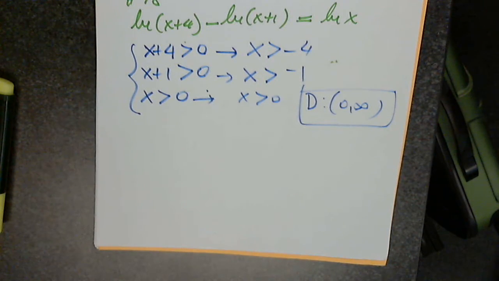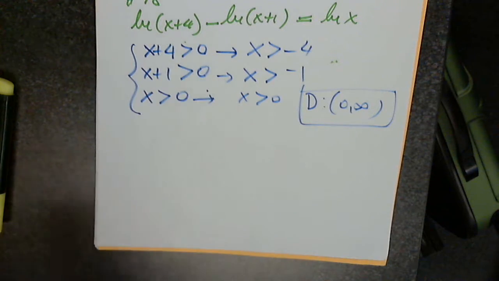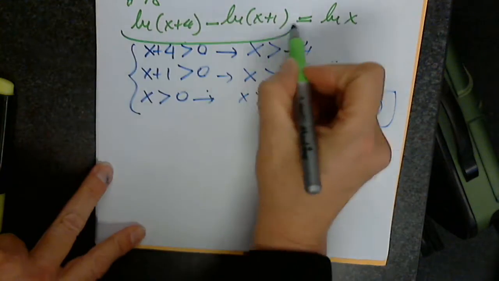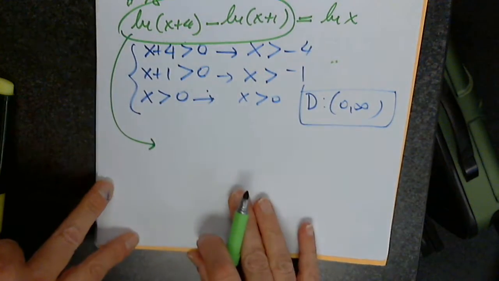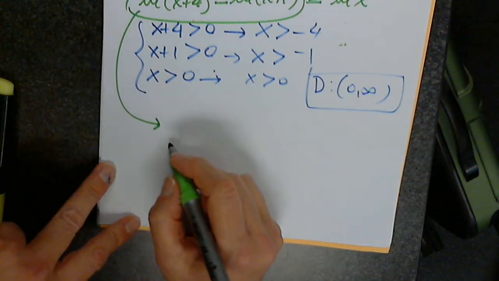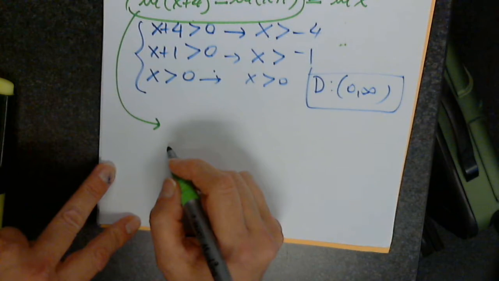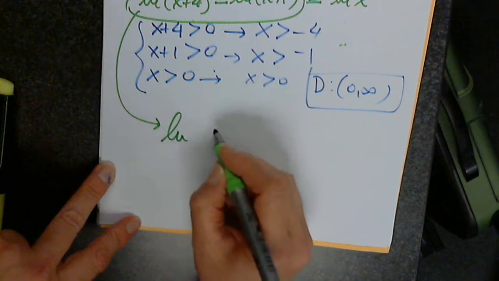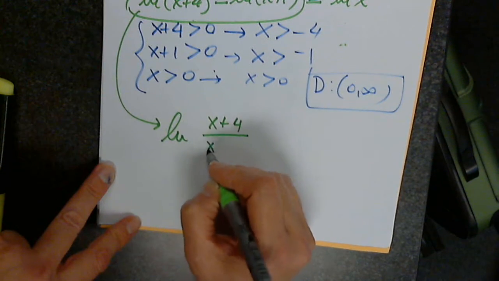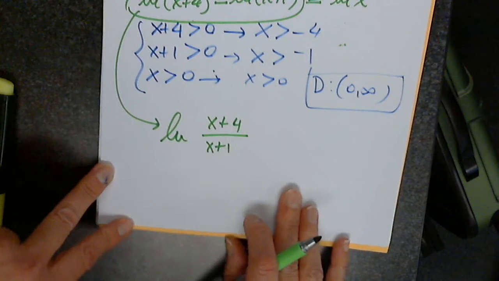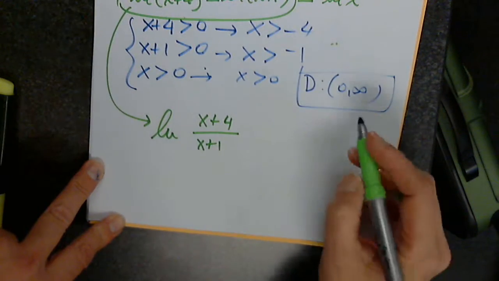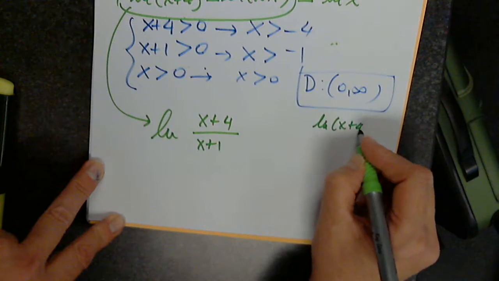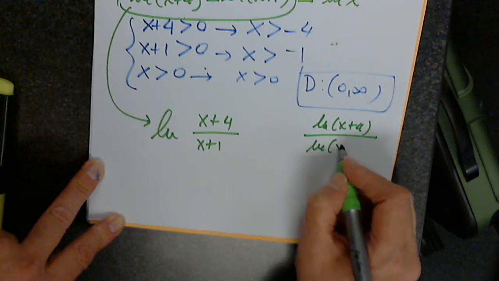The left-hand side has two logs, and they are subtracted. So please tell me how to condense this side. X plus 4 over x plus 1. Close. It will be a terrible mistake to write natural log of x plus 4, everything divided by natural log of x plus 1.